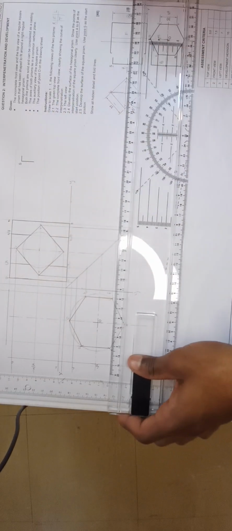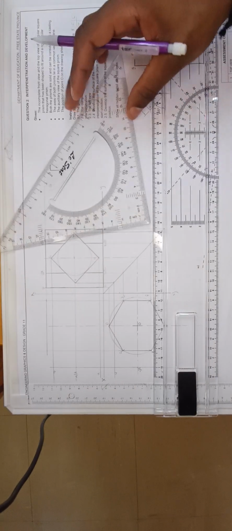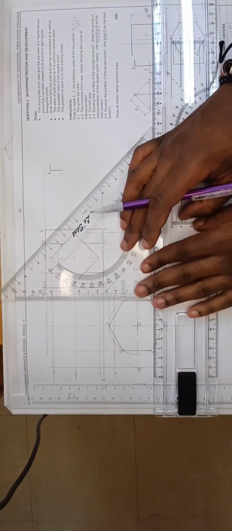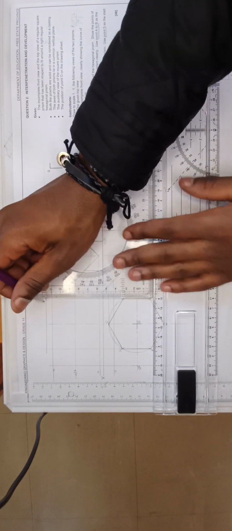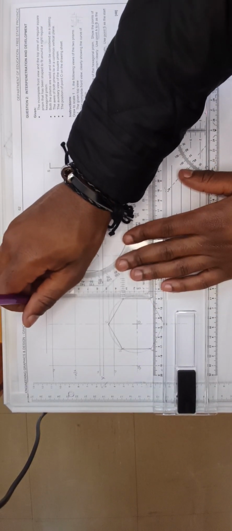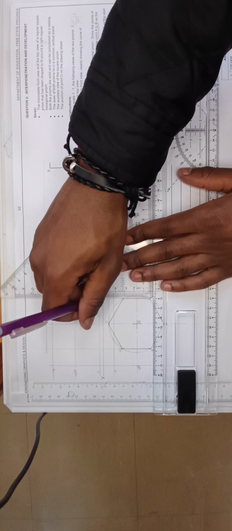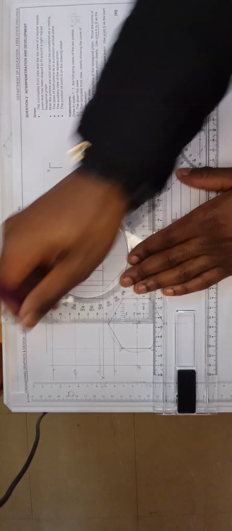So we also need to complete our hexagonal prism on our front view. Also need to finish our hexagonal prism on our front view here using our solid lines. And also this one is going to be solid.